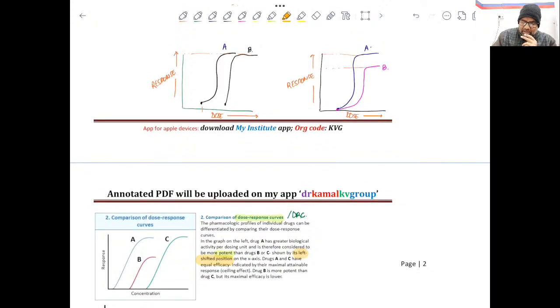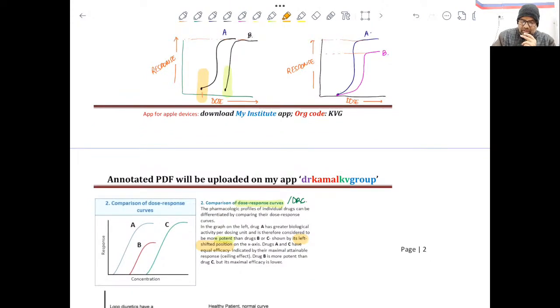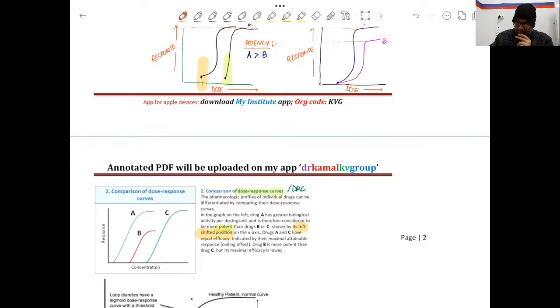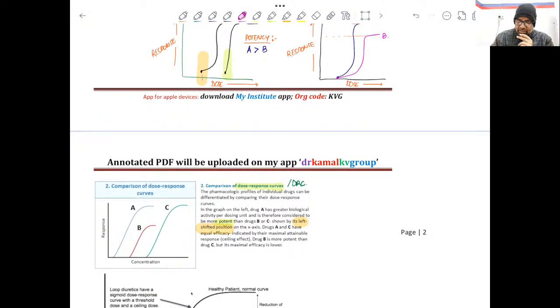Now here you see, this drug is towards the right and this drug is towards the left. So it means drug A is more potent than drug B. So this is in terms of potency. Clear? So the drug which is more towards the left is more potent as compared to the other which is towards the right, right? So this is about potency.